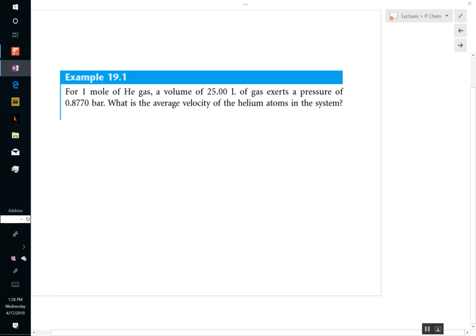All right, so let's do this problem. For 1 mole of helium gas, a volume of 25 liters of gas exerts a pressure of 0.8770 bars. What is the average velocity of the helium atoms in the system?